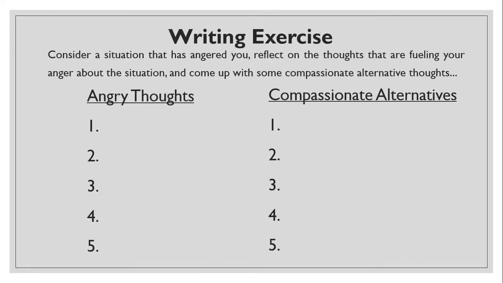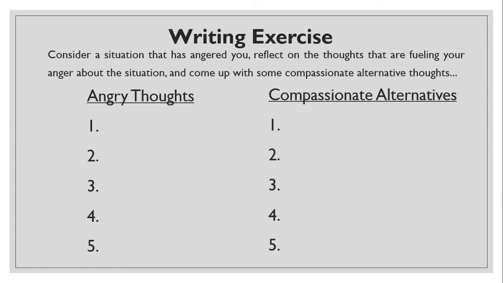Now, this is a writing exercise that I suggest that you do because I think that it will really help you to identify the things that are your triggers. So considering situations that have a tendency to cause you to feel angry, reflect on the thoughts that are fueling your anger about the situation, and then come up with some compassionate alternative thoughts.